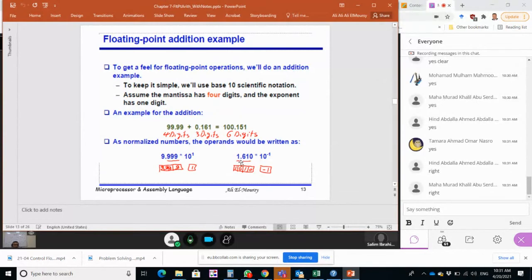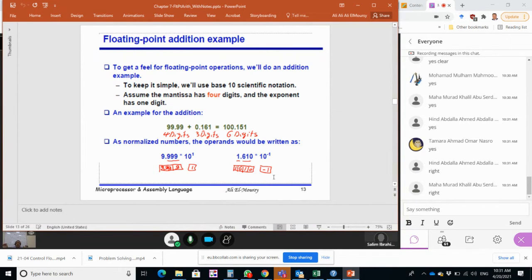Right? So this could be represented as 1.610. Of course I extended it here with 0. Okay, so the number will be stored as 1610 for the 4 digits of the Mantissa, and for the exponent I will just store the value -1.